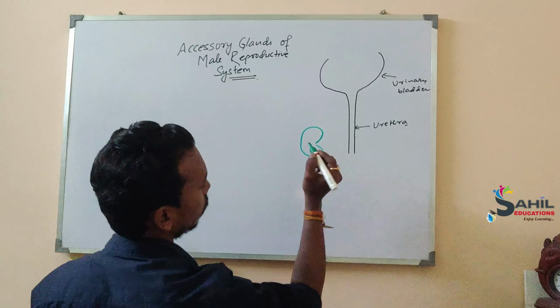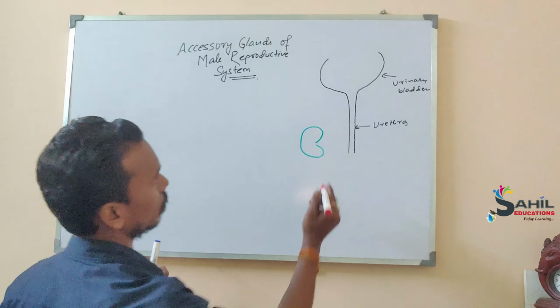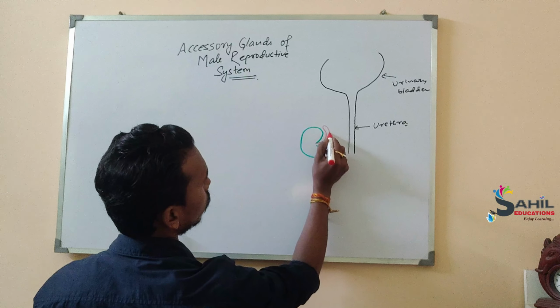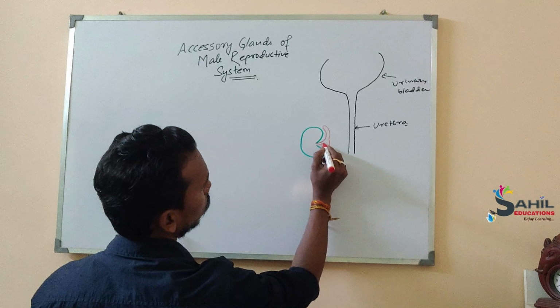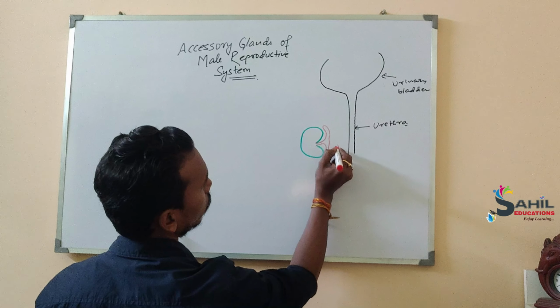So this one is the testis, and upon the testis you have seen another structure, and that structure is known as the epididymis. After the epididymis it goes like this.